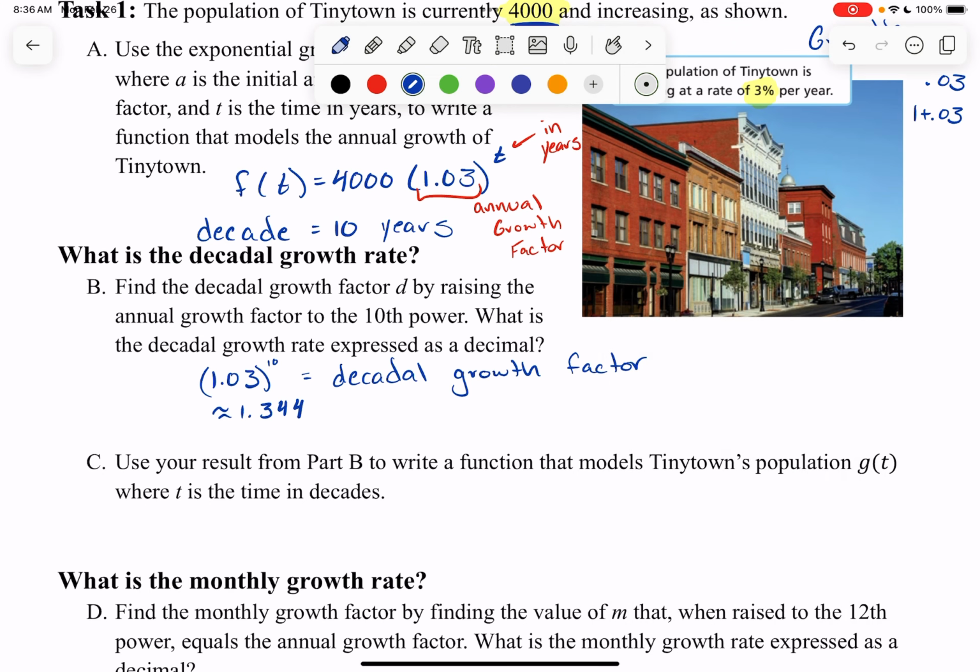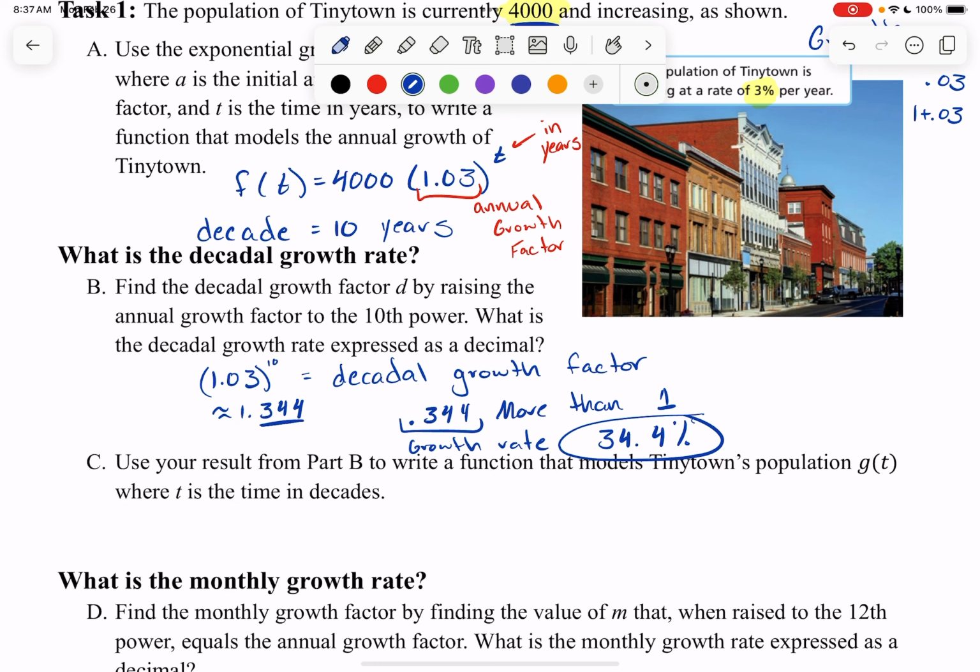So that's the growth factor. So the growth rate is 0.344 more than 1. So that tells me this is my growth rate. The rate at which this is growing is 0.344, which is 34.4% if we go to percents.